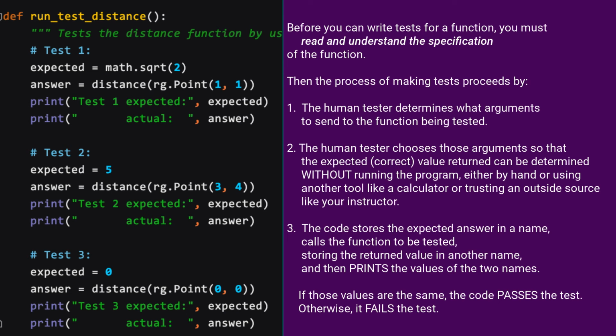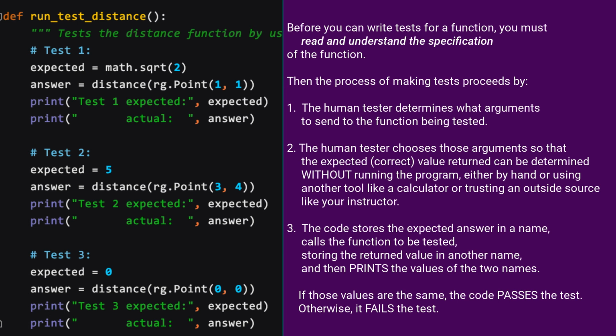First, the human decides what function to test and what arguments to use for it. So distance of what? The human then figures out by hand or using a calculator or some means other than running the code what the correct answer is, what the expected answer is.